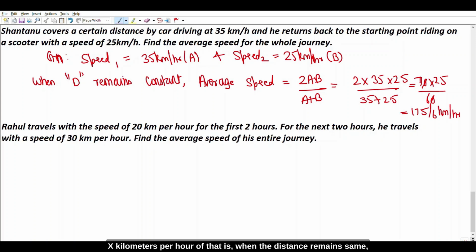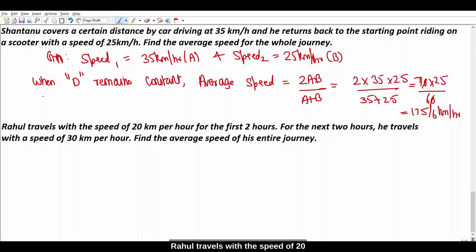That is, when the distance remains the same, average speed can be written as 2ab by a plus b. Therefore, 2 into 35 into 25 divided by 35 plus 25 will give you 175 by 6 kilometers per hour. Let us solve the last question of this video.